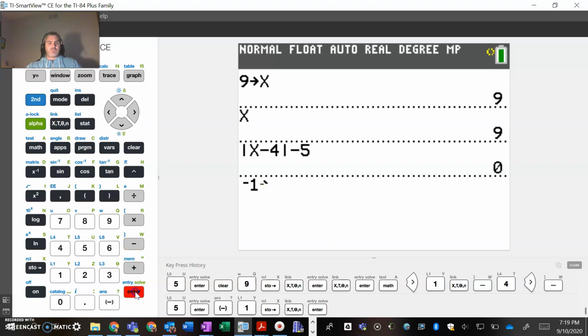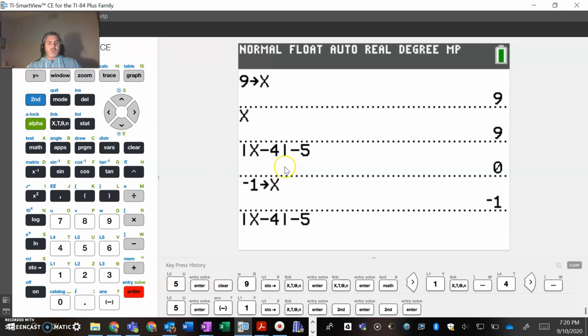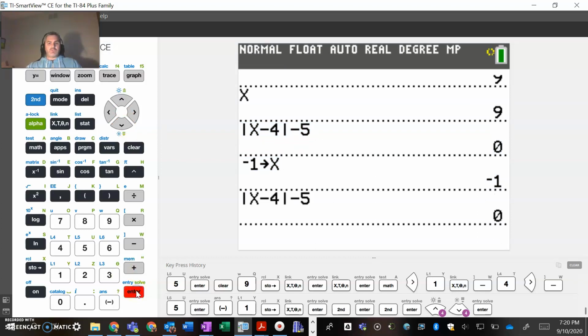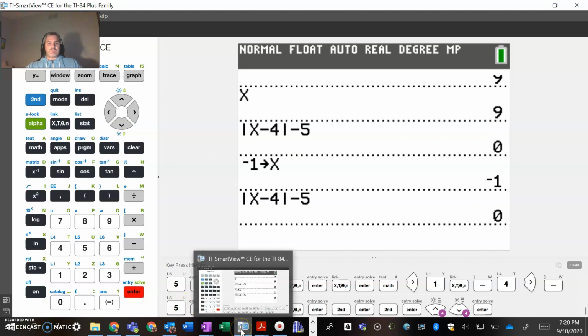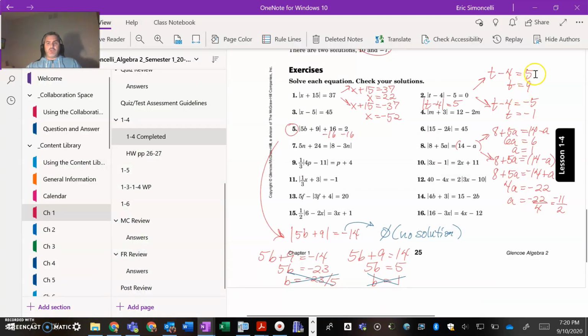So if I restore now negative 1 as x, hit second enter twice, or you can just scroll up and hit enter there. Some of us have a TI-83 Plus and not this exact calculator. Nonetheless, if you do it this way, you better get the same result as we see, 0. So this is true, these two answers are in fact solutions.